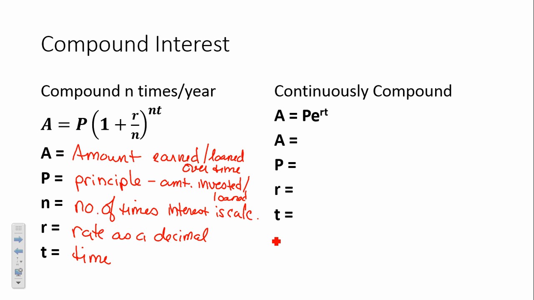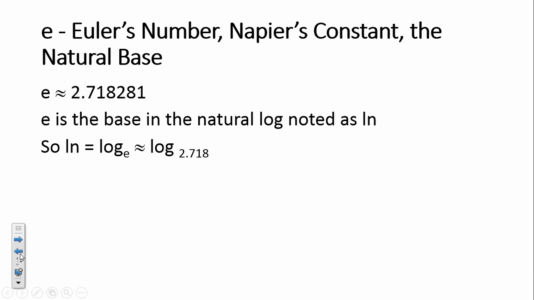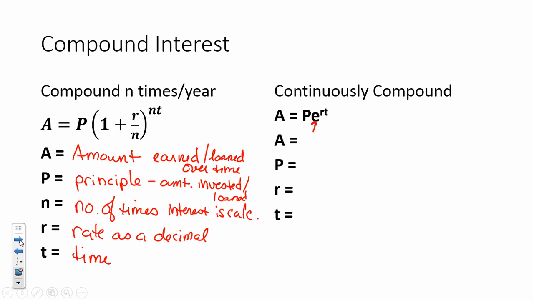P is your principal again, how much you loaned or invested. r is your rate. t is the time of the loan or the time of the investment. Same as the others. But notice that it's got this letter e here, and e is Euler's number. The one that we just talked about, Euler's number or Napier's constant, the natural base, 2.718. Okay, Pe^(rt).